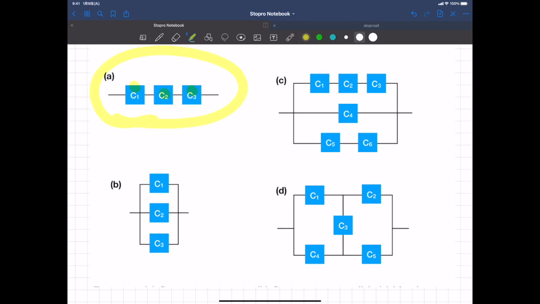So it's like a factory on a conveyor. Something goes in, and it's processed by component 1, then the output is processed by component 2, then its output is processed by component 3 before finishing the work. So in this case, we have to take into account the reliabilities of these 3 components in series.